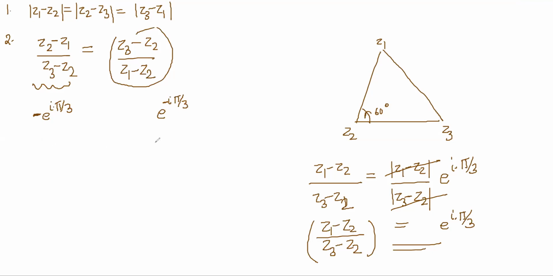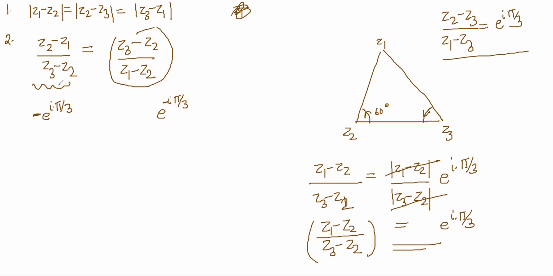So I feel like there's something wrong in this then. Actually, I think there is a mistake here because I think you should have done this angle. If you set this angle Z2 minus Z3 by Z1 minus Z3 also as e power i pi by 3, then you will get a nice-looking condition between this and this.